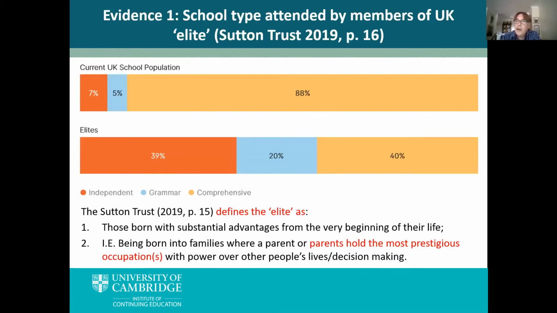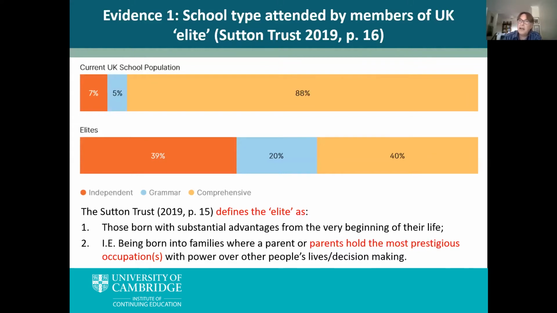And if we look at the first bar on this chart, we can see that only 7% of pupils in England actually attend independent or public schools, and 5% attend grammar schools. Thus, 88%, the vast majority, attend a state-funded, comprehensive or equivalent school.